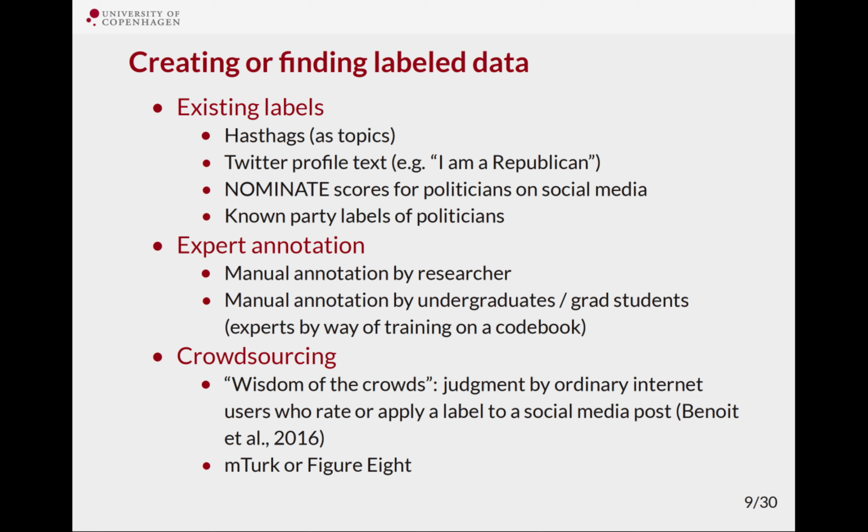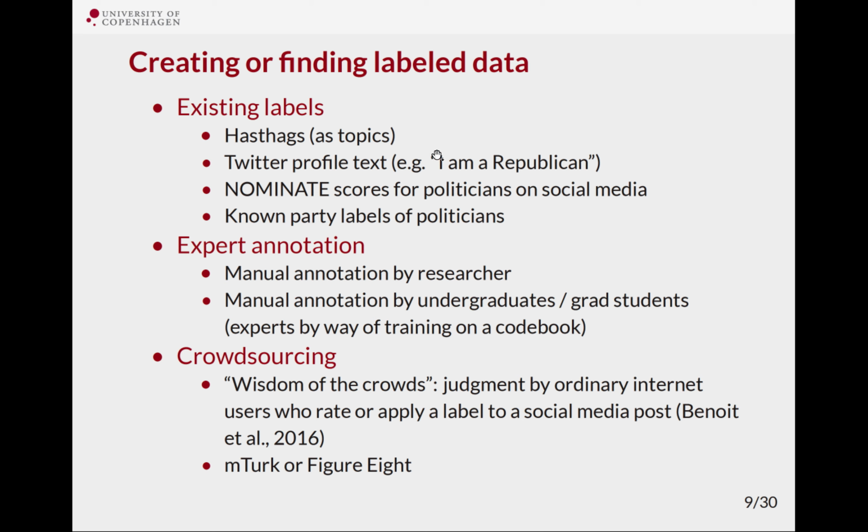And you might be able to create a model that predicts the ideology of users for these 535 and apply that model to the ordinary users on Twitter for whom you don't have a label. So you can put users on Twitter potentially in nominate space that way. You could also do it with party labels very similarly to nominate. So you know which politician is a Republican or a Democrat, for example. So these are existing labels.